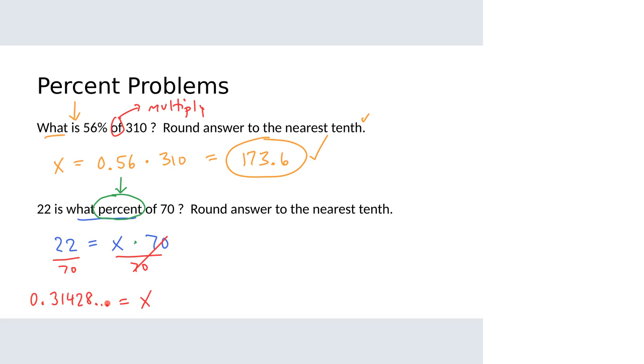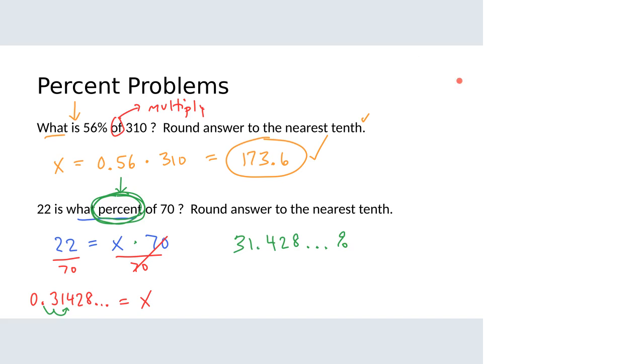I've turned the words into an equation and I solved it. But wait a second. It said what percent? So I need to turn this decimal into a percent. I'll move the decimal point over 2 places, and I'll have 31.428... percent.